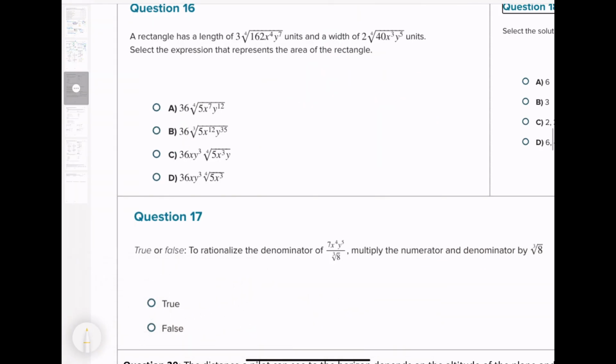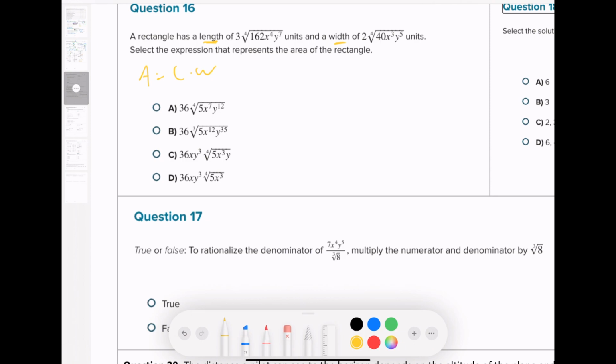Alright, so I have a rectangle with this width and length. Area is equal to length times width, so we're just going to multiply these. Now, you'll notice they both have the same index, which means I can put them all in the same house.